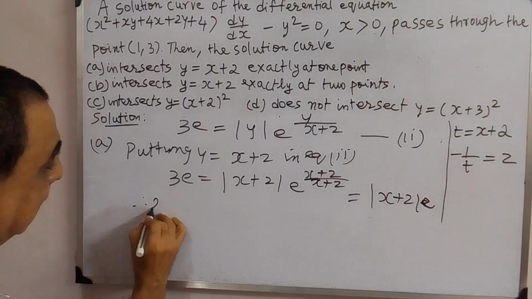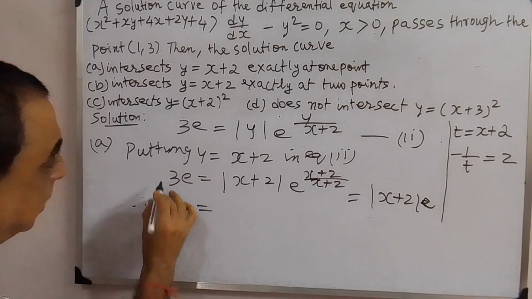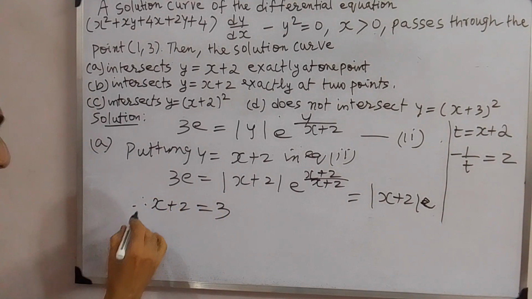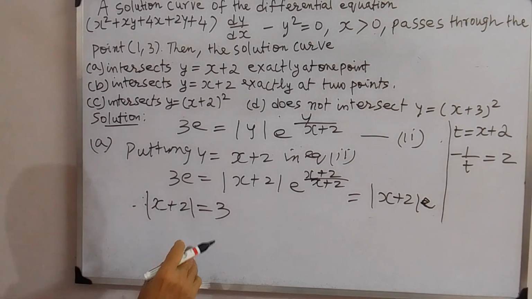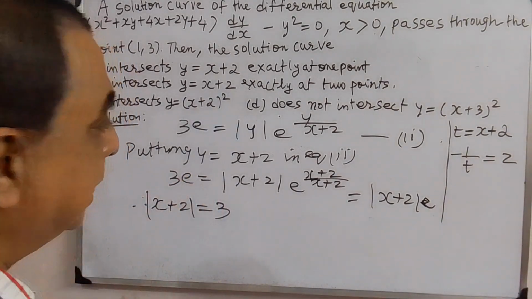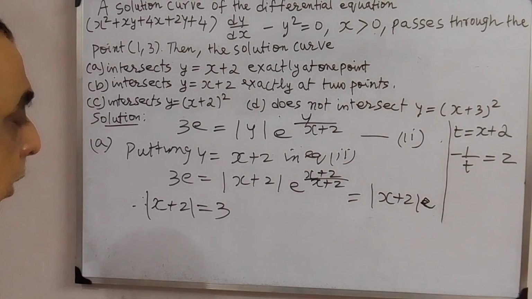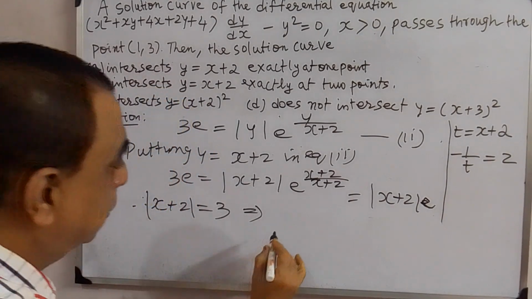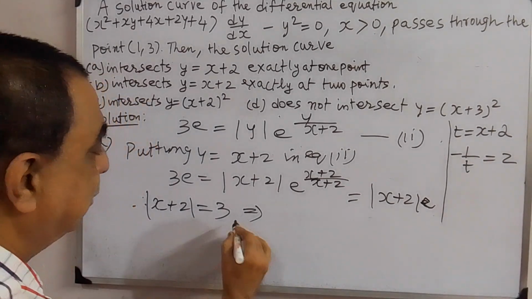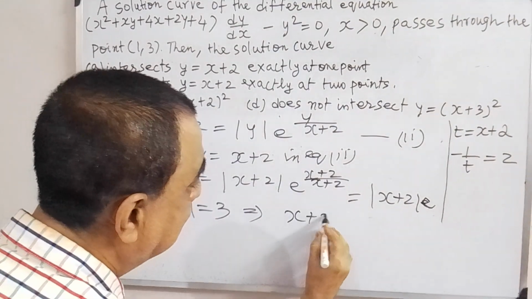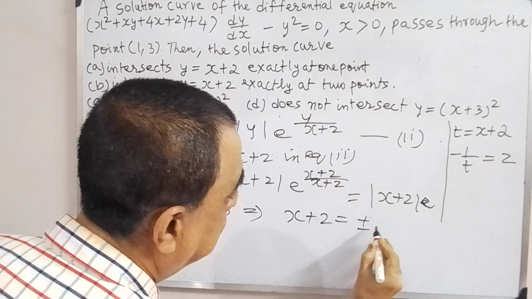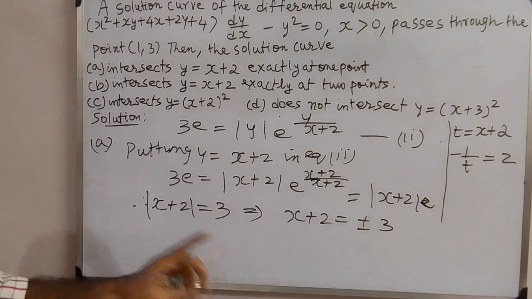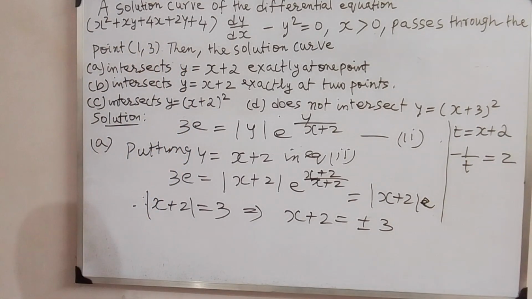So mod of x plus 2 should be equal to 3. Now we know mod of x plus 2 equals 3, so x plus 2 will be plus minus 3.